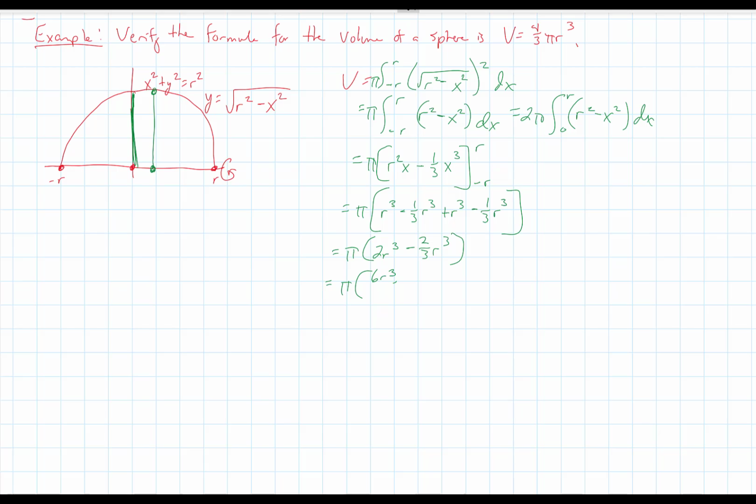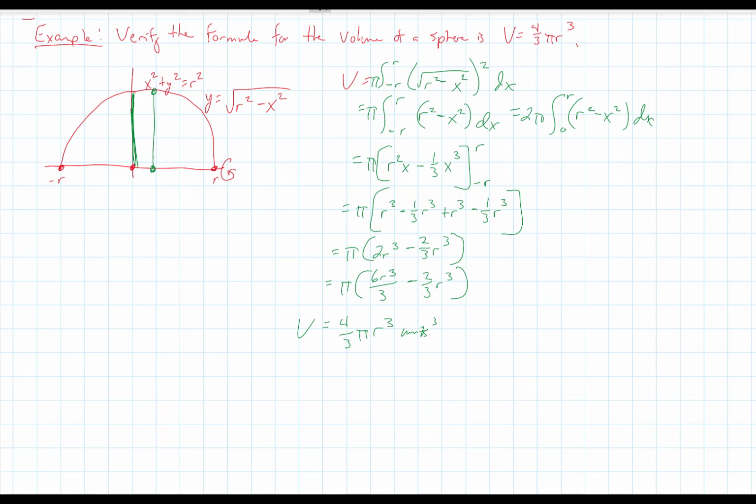It's going to be 6r cubed over 3, or 6/3 r cubed minus 2/3 r cubed times pi, which then gives us our volume formula, which is pi, in this case, the way I've got it written, pi times 4/3 r cubed. I'm just going to rewrite it in our standard form, 4/3 pi r cubed, since we can multiply in any order. And it's still units cubed.